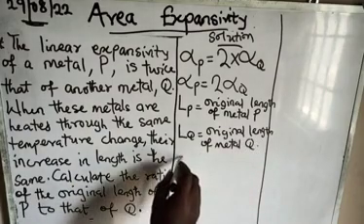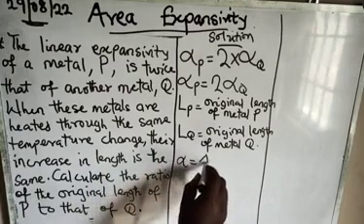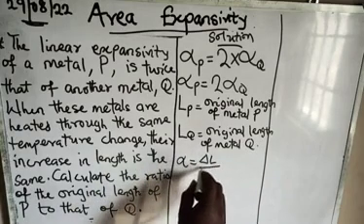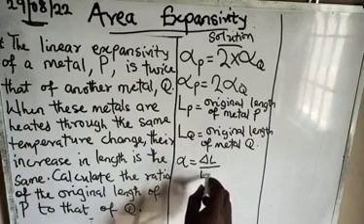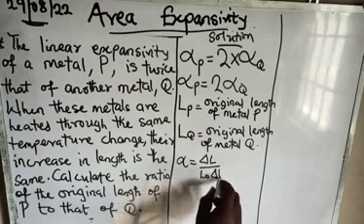It's given by alpha is equal to change in length all over original length times change in temperature.